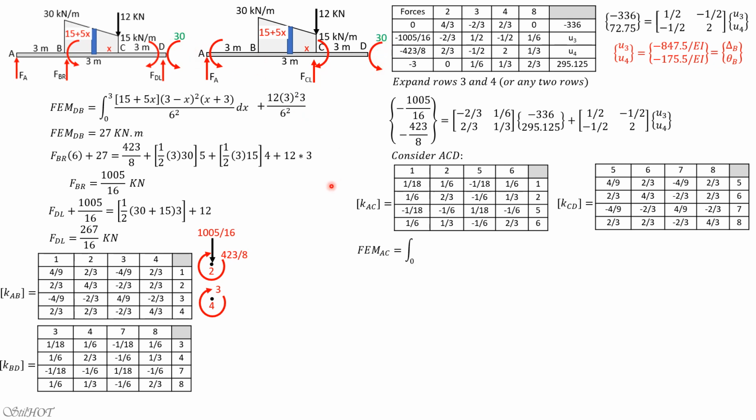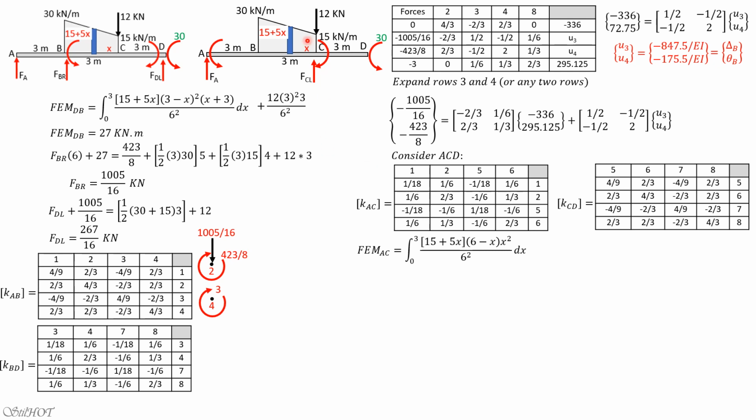Remember, fixed moment AC is equal to the integral from 0 to 3 of 15 plus 5x times distance from left, which is 6 minus x, then distance from right from C is x, so x squared over 6 squared, plus the moment of the 12 kilonewton load, which will be 0 because it falls over the fixed support.